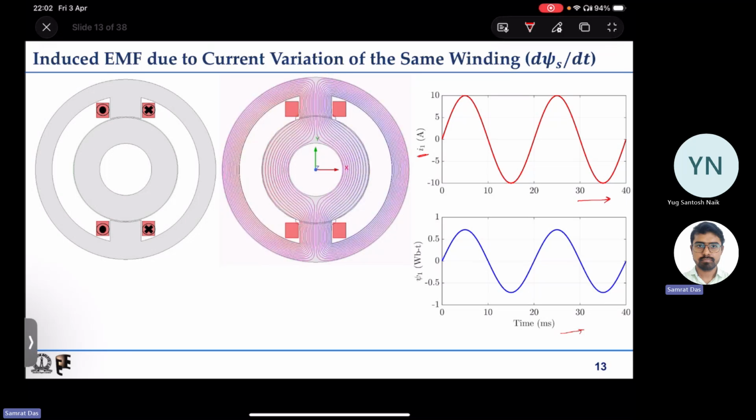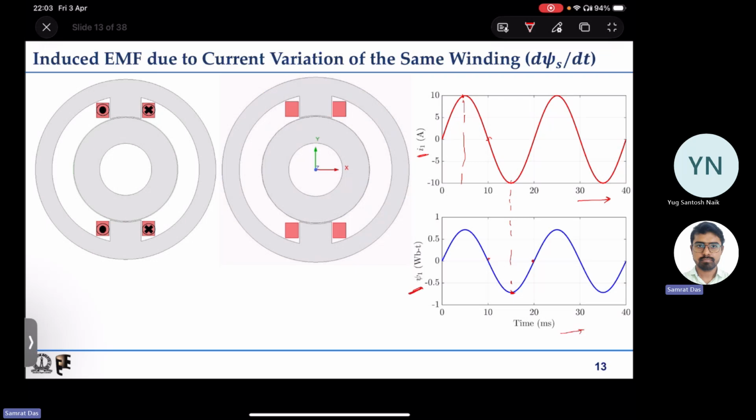When the current rises, you have some positive flux linkage. Then the current goes to zero again, there is no flux linkage. Then current goes negative, the flux lines' direction flips. So the positive flux linkage earlier becomes negative flux linkage now, then again it goes to zero. So like this, if you change the current, the flux linkage also changes.